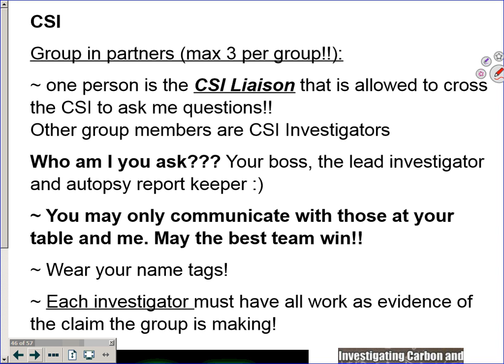So you must be working in groups of 3. 1 person is a CSI liaison, and they're going to wear a tag, and that's the person who can come talk to the lead investigator. I am a very busy investigator. So only that person can cross the CSI tape. Everybody else is staying on the crime scene. So you're going to talk to me, communicate with your teammates as best as you can.